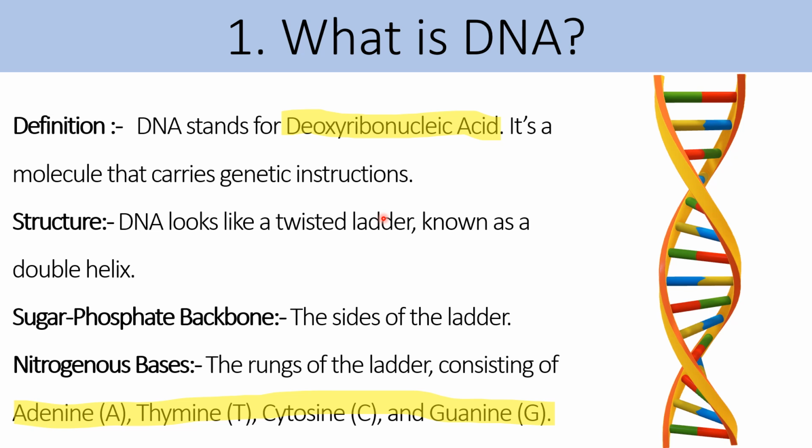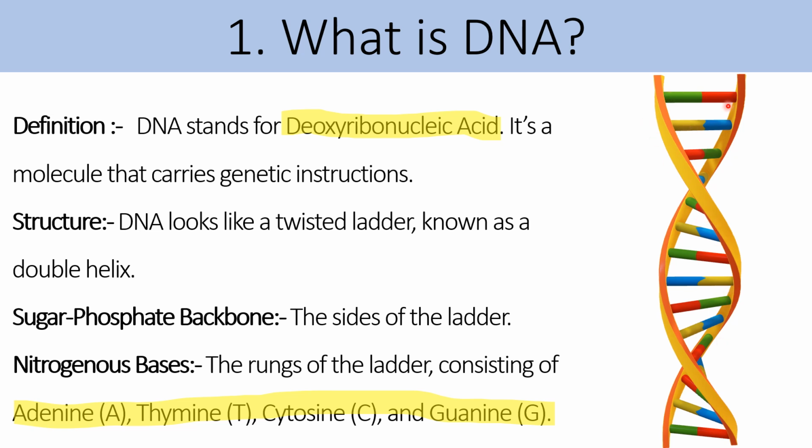DNA stands for deoxyribonucleic acids. It's a molecule that carries genetic instructions. Here you can see how DNA looks. DNA looks like a twisted ladder known as a double helix. This is the sugar phosphate backbone, which is the sides of the ladder, then the nitrogenous bases.